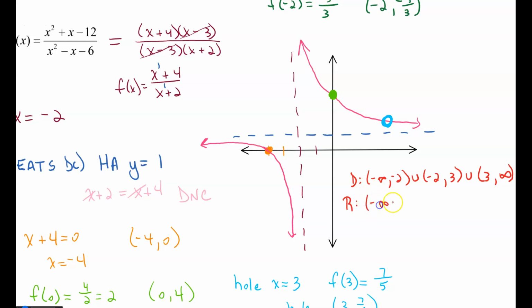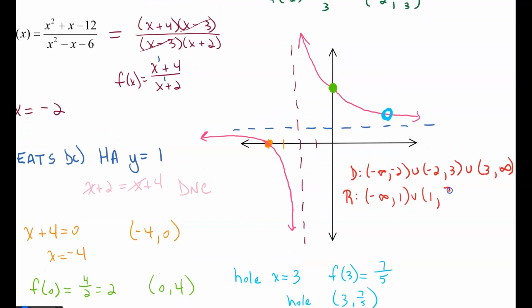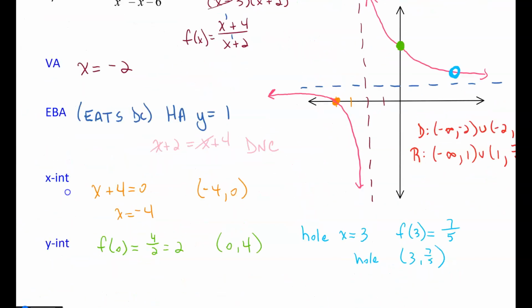So we go negative infinity to 1, and then we pick up again at 1, but because we have this discontinuity here, which we found earlier at our hole, 7/5, so 1 to 7/5, and then we pick up again from 7/5 to infinity. So that one has a little more interesting range.